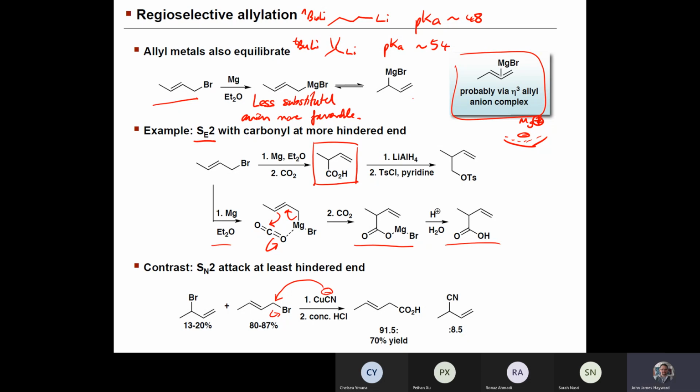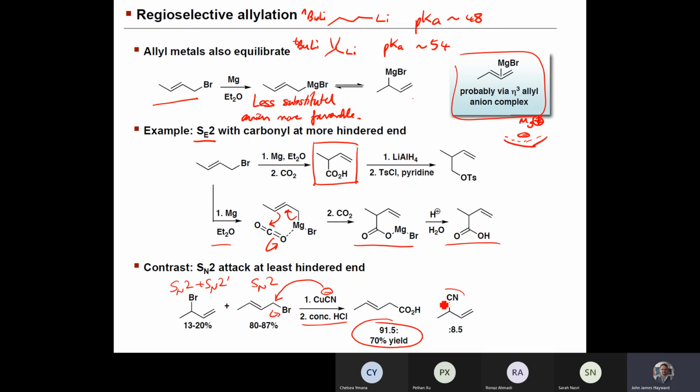And you get primarily the less hindered one, because it does SN2 on both, but it can also do SN2 prime, and it mostly does SN2 plus SN2 prime on the first one, and just SN2 on the second one. So we get a different product mixture than we started with because of that, and then concentrated HCl to hydrolyze.